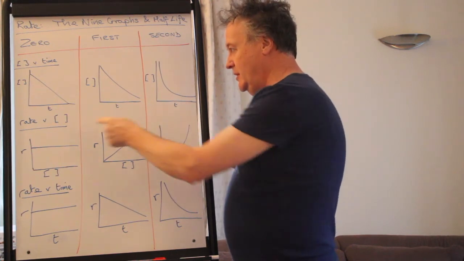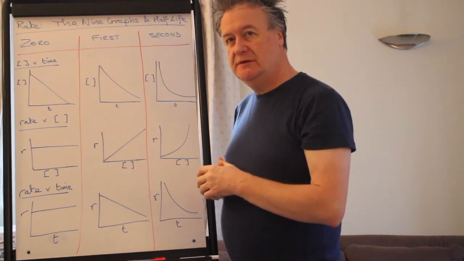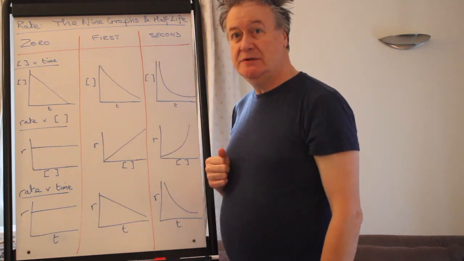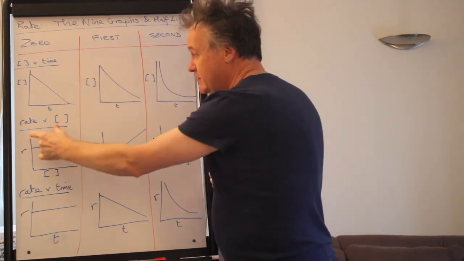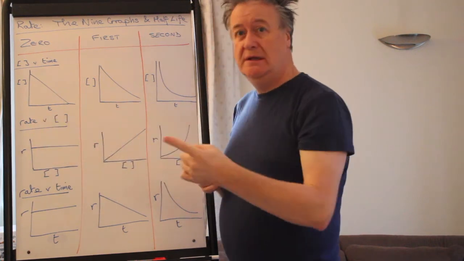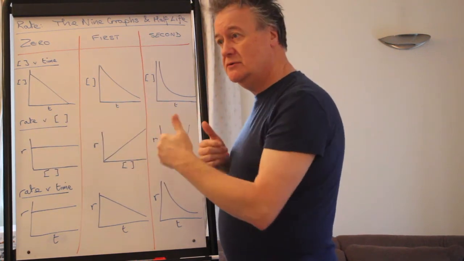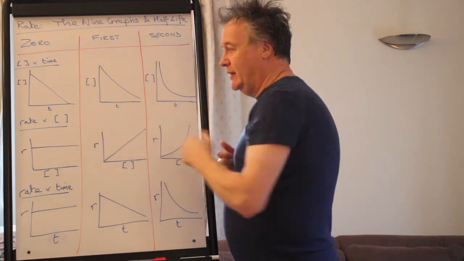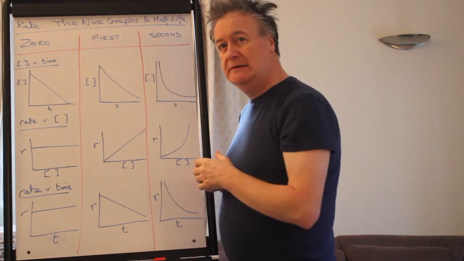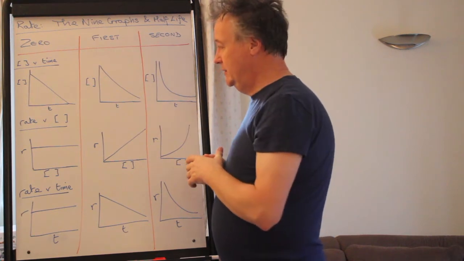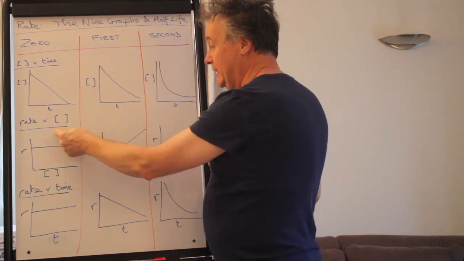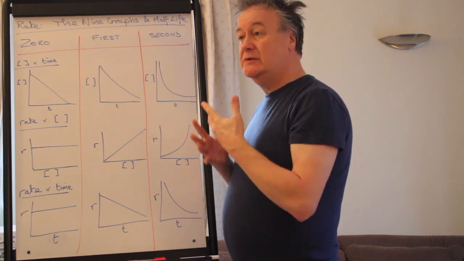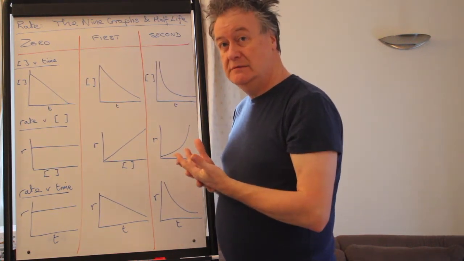Second row, rate versus concentration. So here, you're looking at what's going on in the rate equation, because time isn't in the rate equation, but the rate equation is rate equals constant times the concentration with their orders as powers. So if you've got a zero order component in the rate equation, zero order doesn't affect the rate.